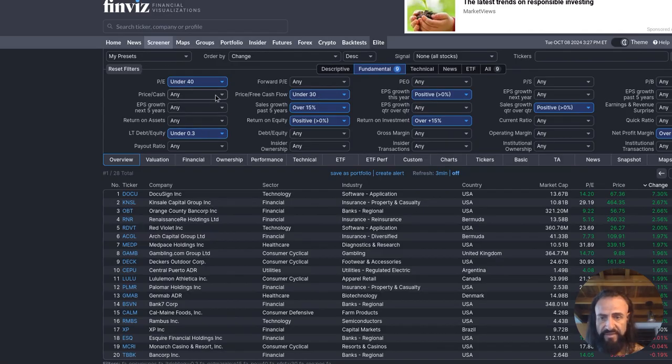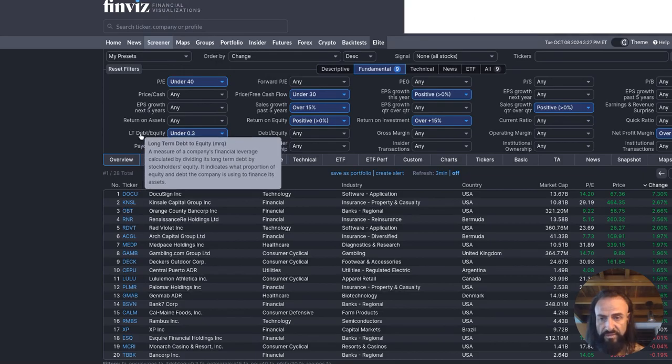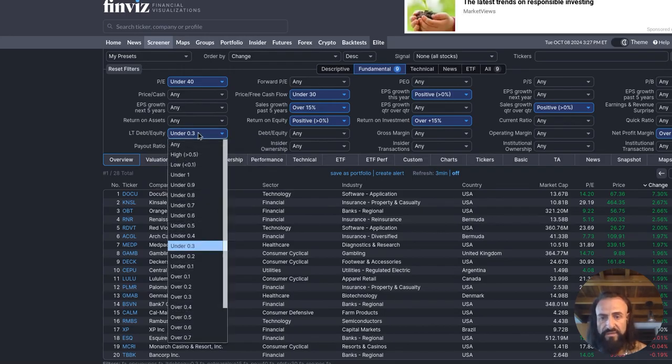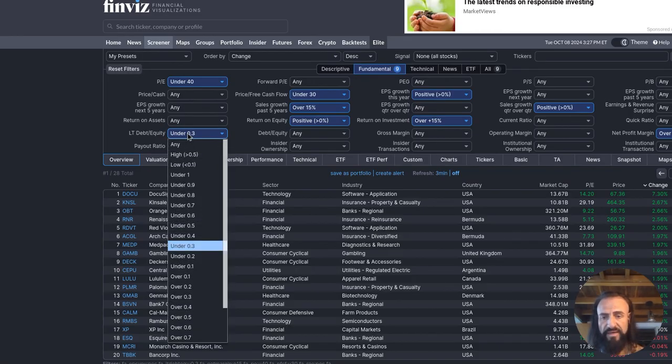The other thing that I usually select is the ratio, the long-term debt versus equity. Now this is just an arbitrary number. I put 0.3. But again, I tend to buy companies that have lower debt compared to equity. Again, you might want to change that.